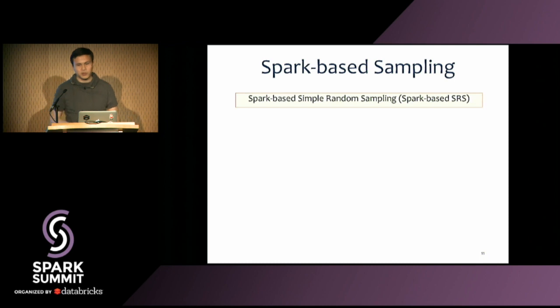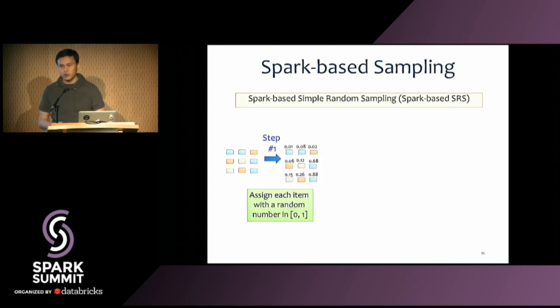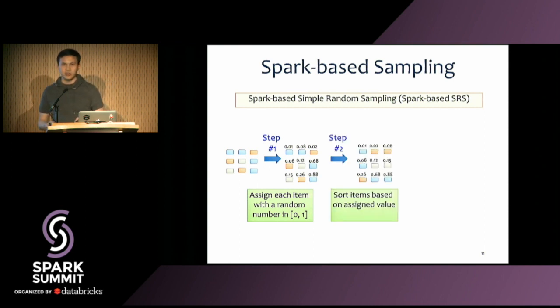And now let's see how Spark implemented simple random sampling. As the first step, Spark will assign each data item a value in the range of 0 and 1. As the second step, it will sort the data items by the assigned values.